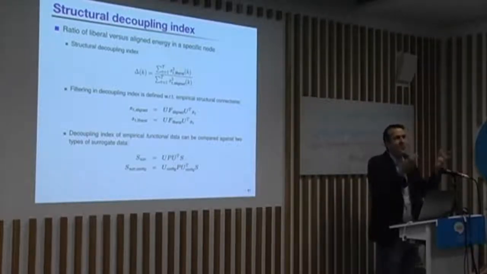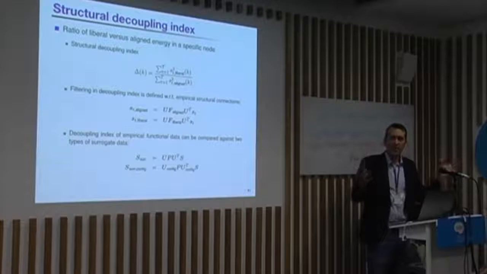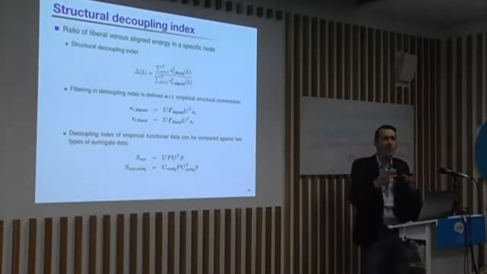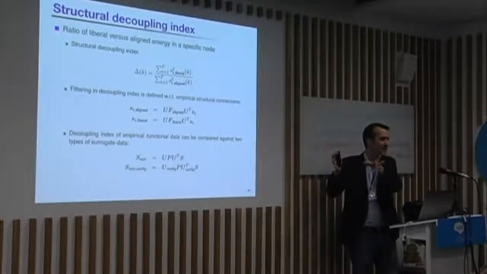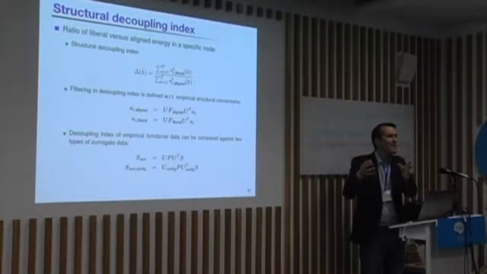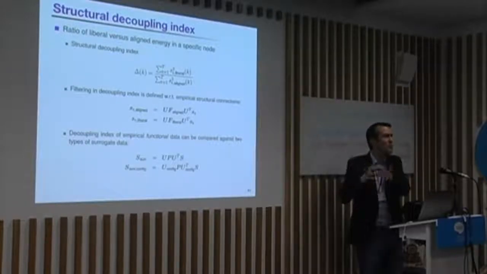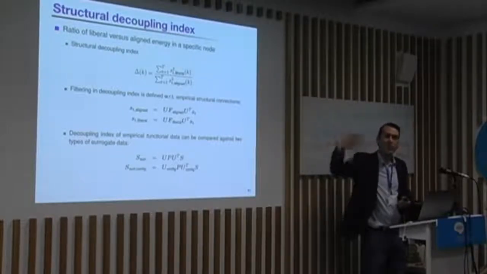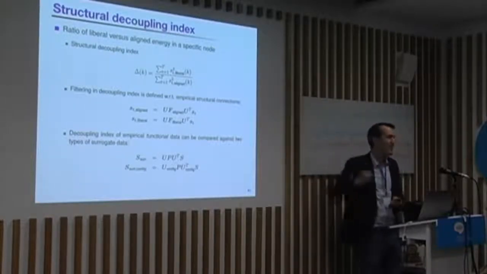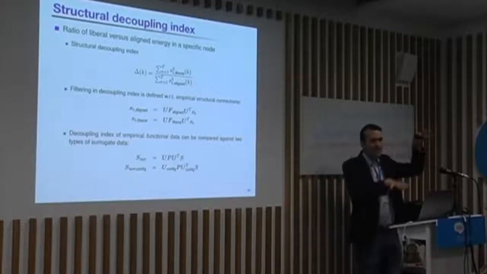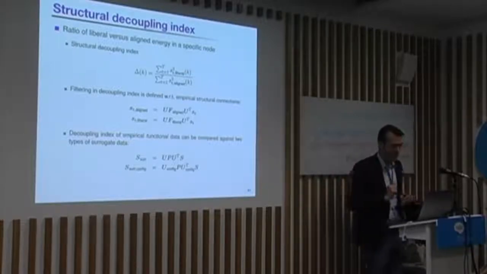Okay, it's kind of easier to express a low frequency pattern on the structural connectome. While if you need a lot of liberal energy, it means that it's complicated. It's not something that is easy to express on the given structural connectome because it's at the high frequencies. Okay, it's not the first natural expression given the connectivity of the brain graph. So that's the intuition. So we just look at the ratio of these two types of energies.